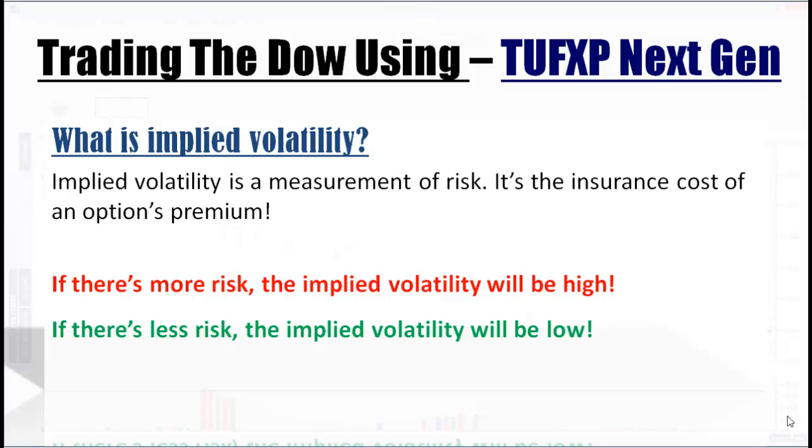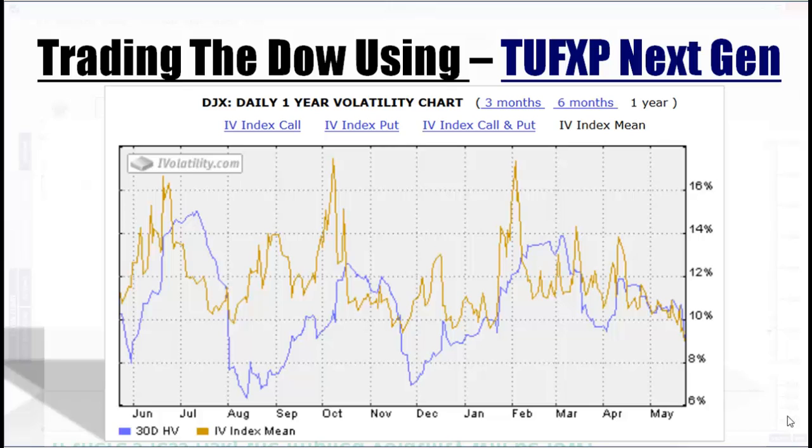So let's have a look at this in a chart format, because that's the way to actually view this and to probably understand it. So this is an implied volatility chart. Don't be put off by the up and down lines, making it look complicated. It's not.